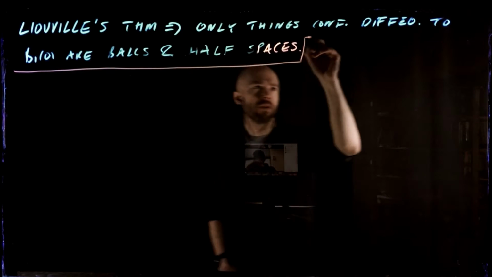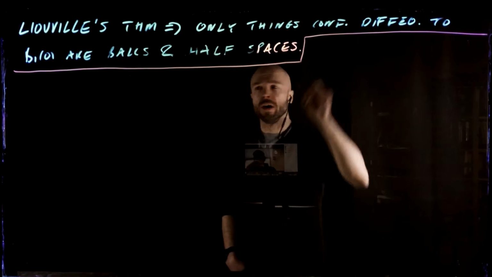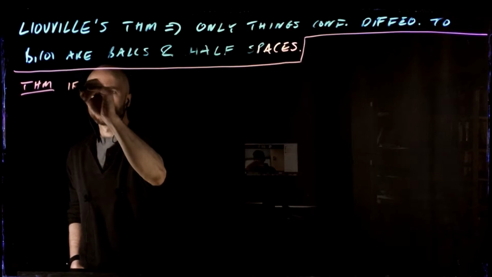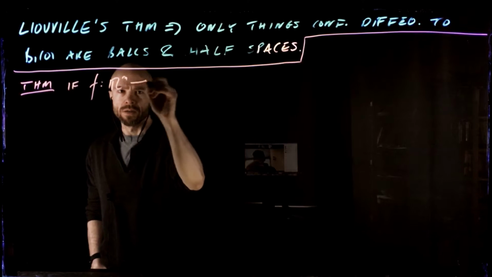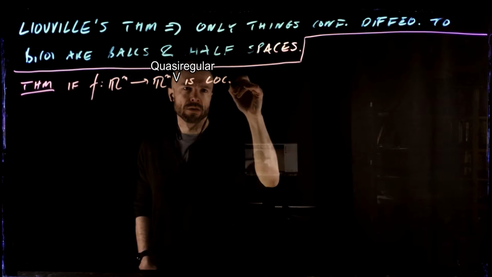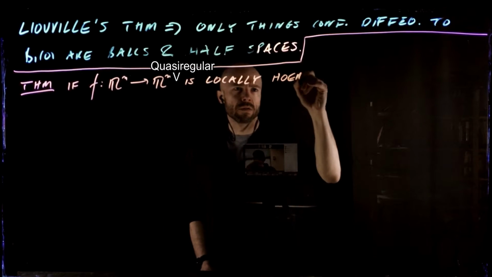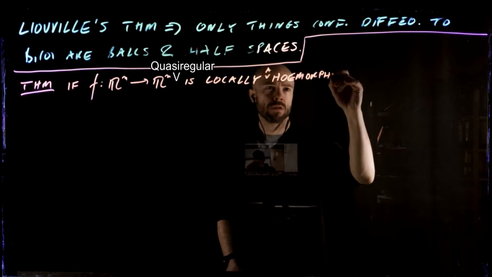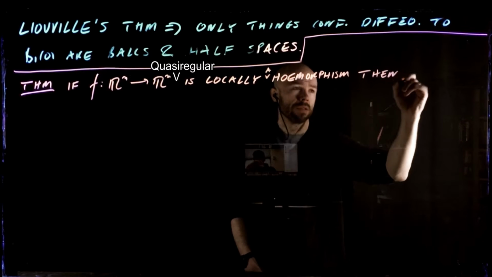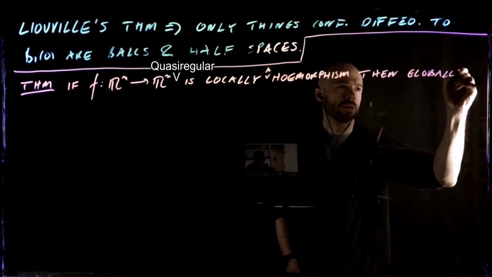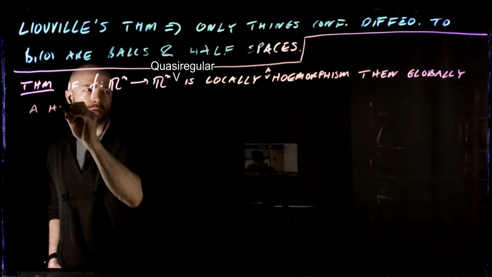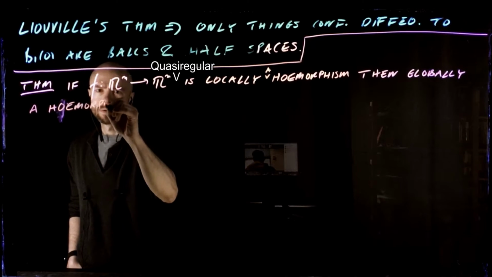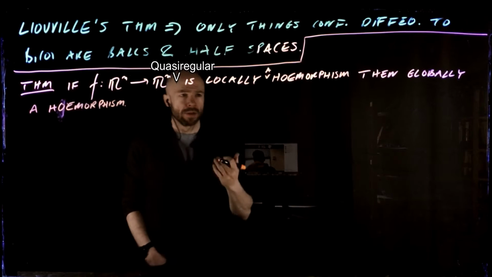One of the examples of that was this theorem I stated, that if f from the entire R^n into R^n is a locally homeomorphic quasi-regular mapping, so it is locally a homeomorphism, then it is globally a homeomorphism, which is false in 2 dimensions, even with conformal mappings.